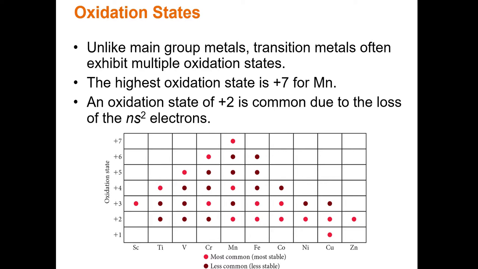You don't have to memorize these. Just be aware that there are a lot of possibilities. You should be able to understand how we get to one. So like we looked at the iron, why is it a +2 and a +3? Why are those the most common? That should make sense based on your understanding of electron configurations. But you don't have to memorize these.